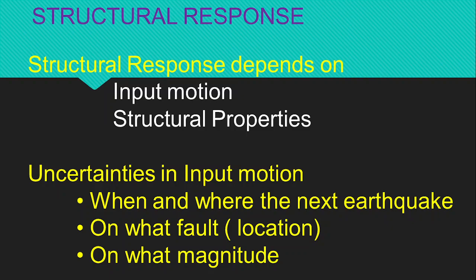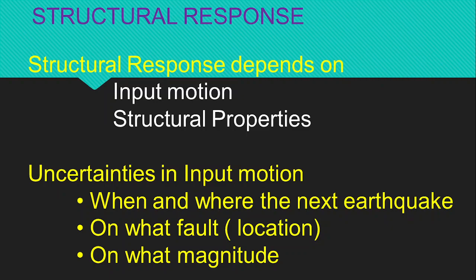Structural response depends on input motion and structural properties. There are uncertainties in the input motion. What are the various uncertainties in an input motion? Number one, when and where the next earthquake will occur. We cannot predict when and where the next earthquake will come.